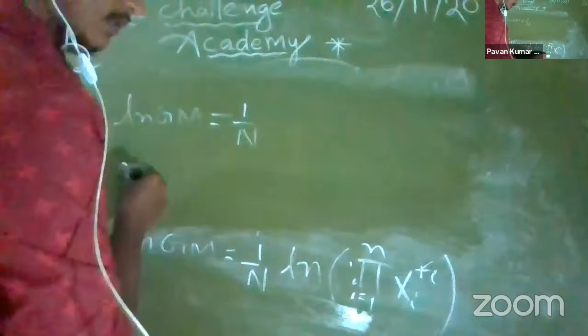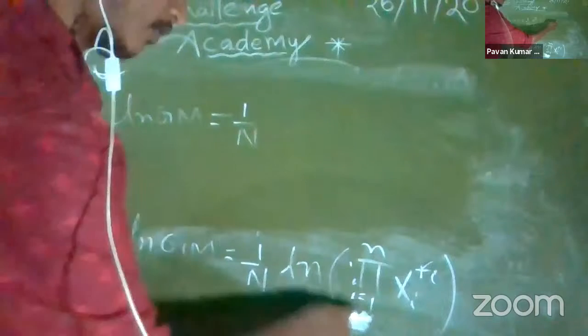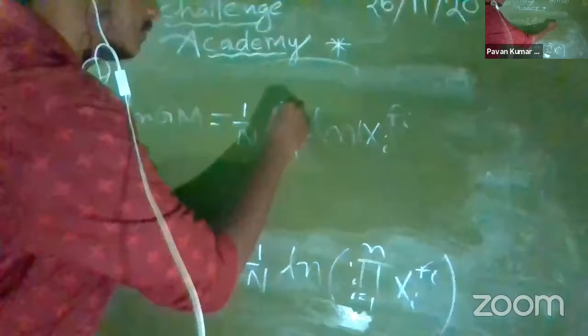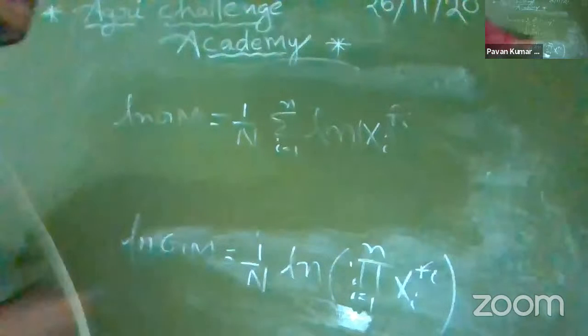We can get this here also: 1 by n summation, i equals 1 to small n, fi ln xi. This is the logarithmic representation of the geometric mean.